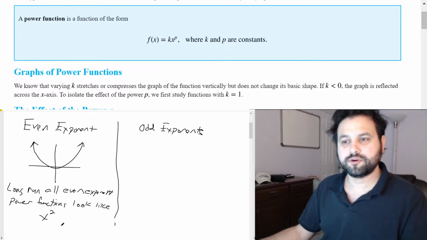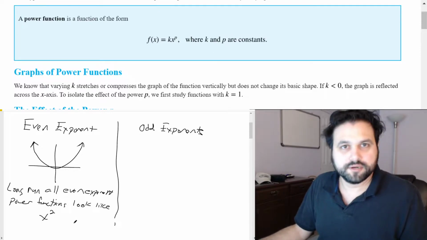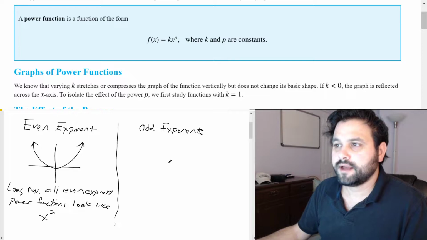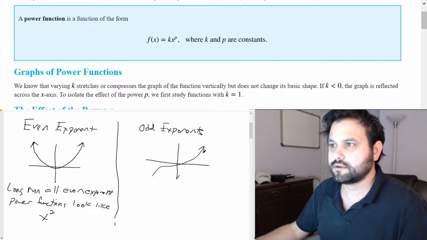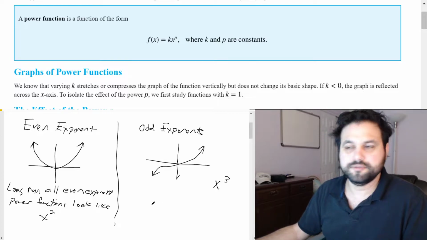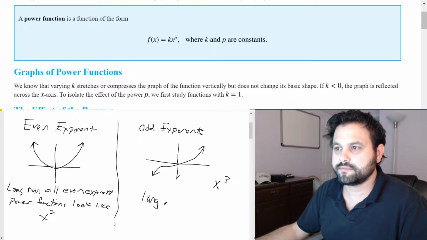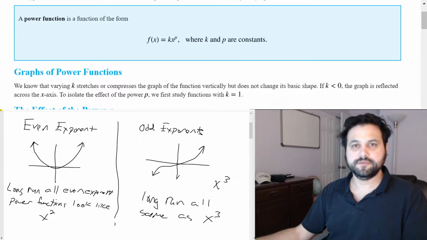Okay, and that's going to be important to remember because we know what x squared looks like. It's just a regular parabola. Odd exponents, well, all of those are going to look like x cubed, again, in the long run. They're all the same as x cubed.